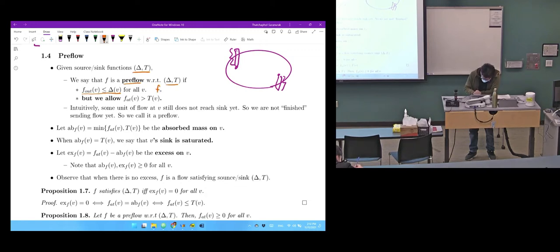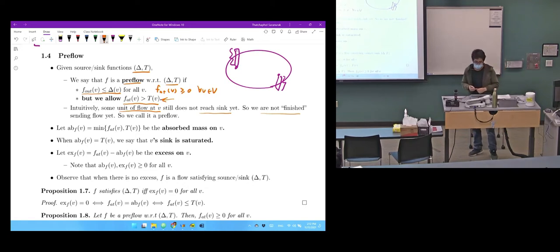That is, f at v is still at least 0 for all v. But now we allow that the flow at v can still exceed the sink capacity. Okay. So intuitively, if this happens, then some unit of flow at v still doesn't reach the sink yet. There is still some unit that remains at v, so we are not finished sending flow yet. That's why we call it preflow.